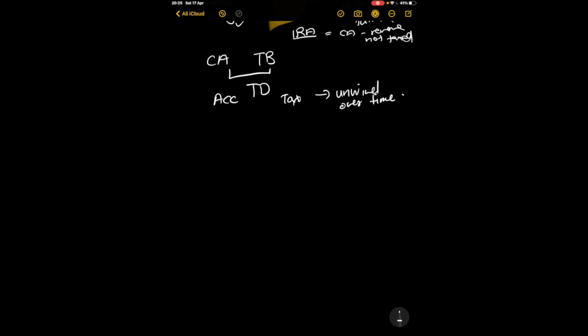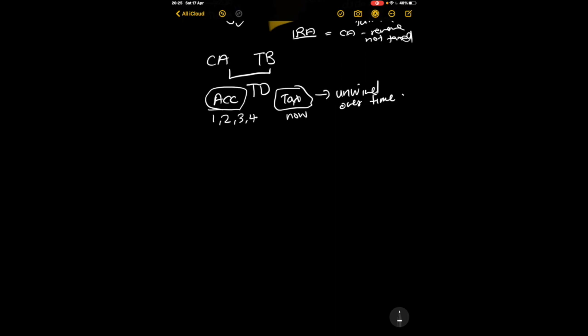What does that mean? It means that for now, accounting could be treating a transaction in a particular way. So let's say that for now, accounting is going to allow you to recognize your expense over perhaps 4 years. But from a tax perspective, the taxman is allowing you to take all of your expense as a deduction now.